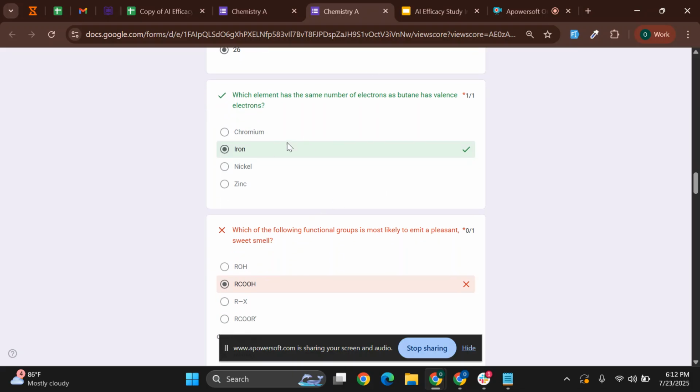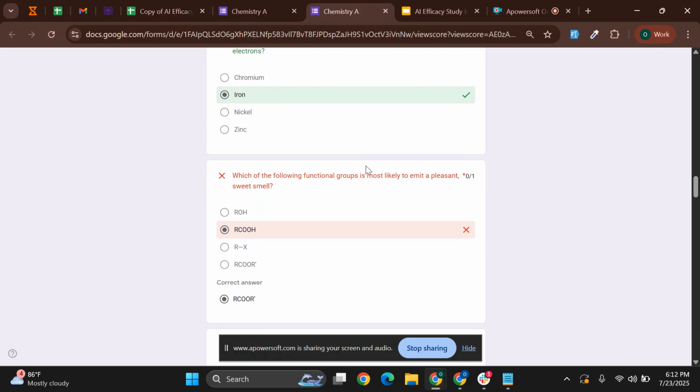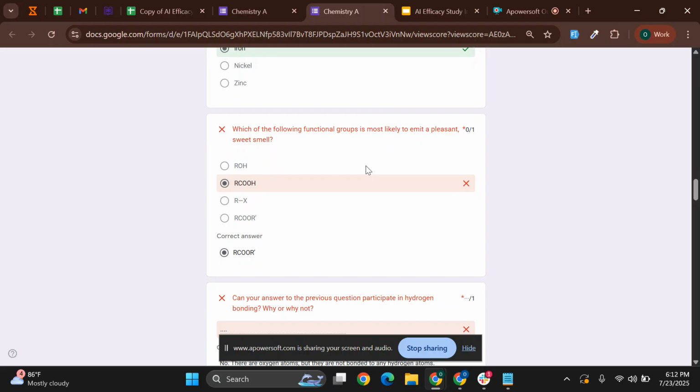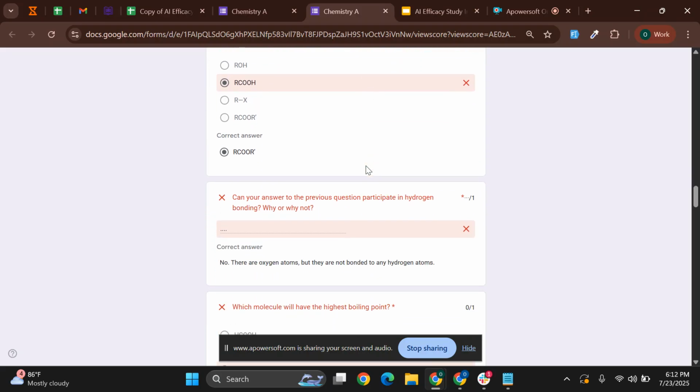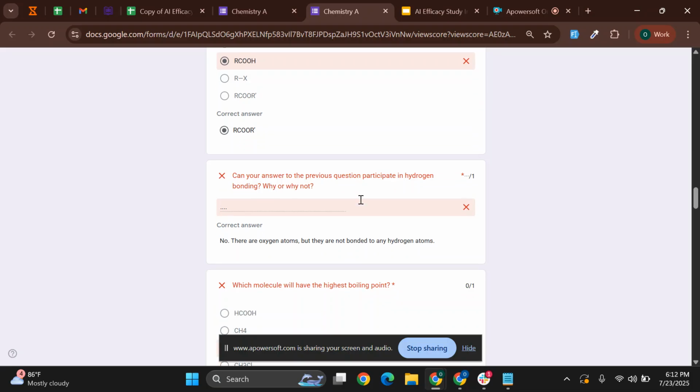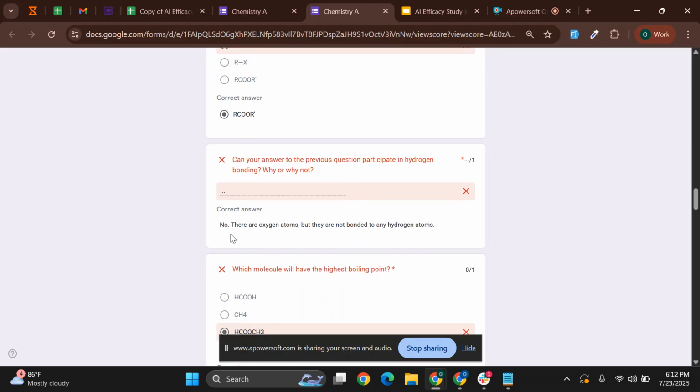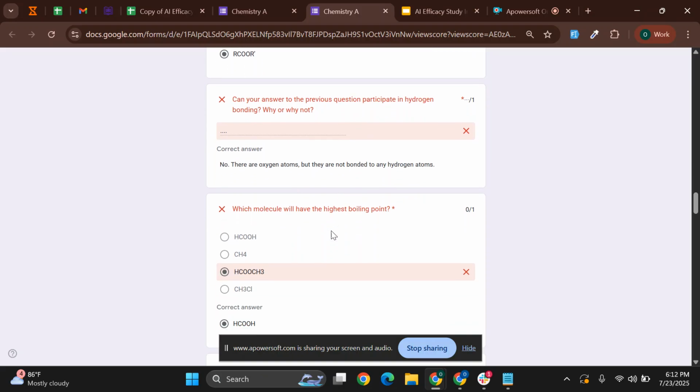Okay, that guess has worked. Which of the following functional groups is more? Participate in hydrogen bonding, why or why not? No, there are oxygen atoms, but they are not bonded to any hydrogen atoms.